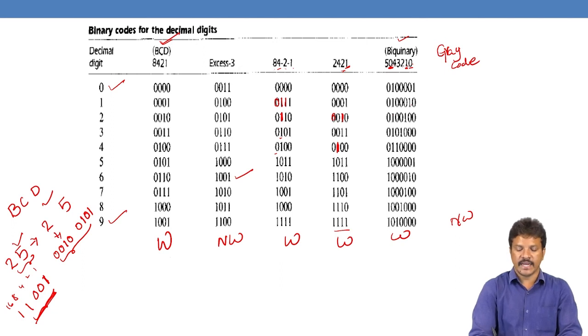Whenever we represent any number more than 9, we must ensure that the number is converted into BCD. If the number is greater than 9, we can add 6, then we will get 16. And what is the binary number for 16? It is 1 followed by 4 zeros.